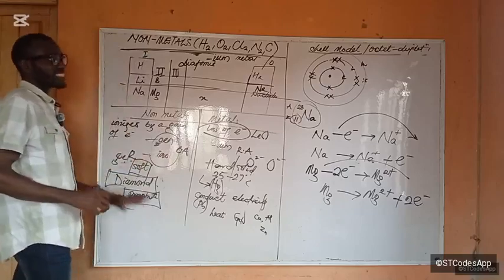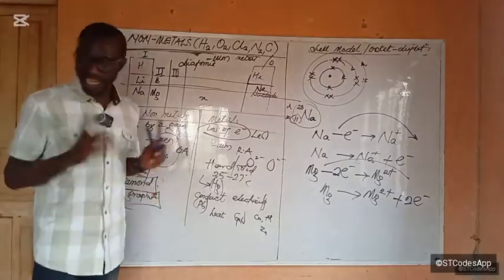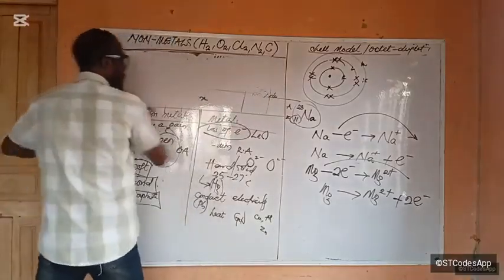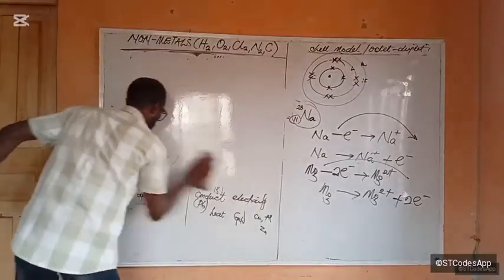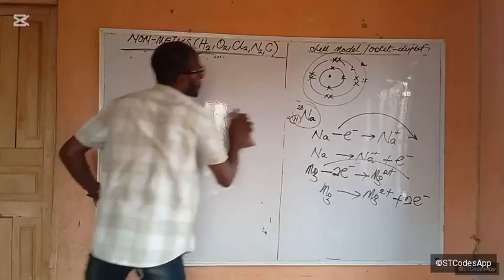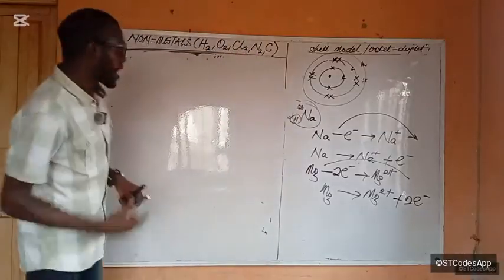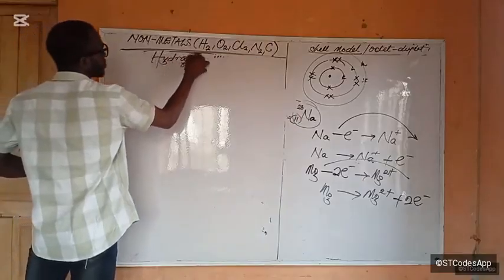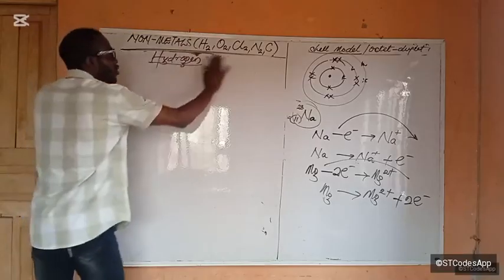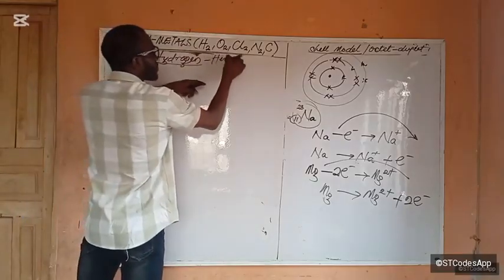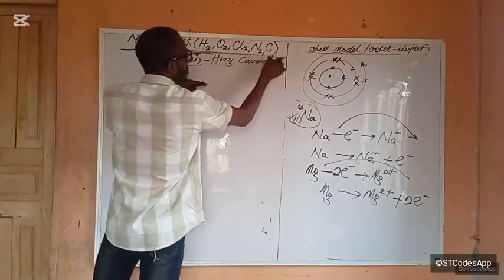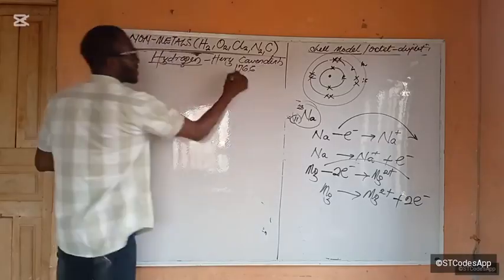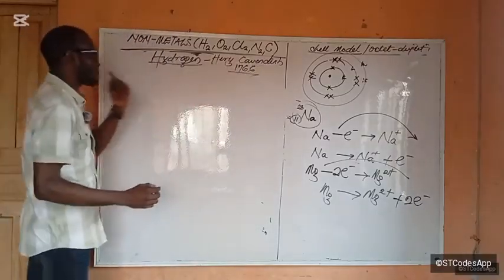Alright, so that is it for metals and non-metals. Now let's begin our first non-metal. Our first non-metal, let's take hydrogen. Hydrogen was discovered by Henry Cavendish in the year 1766.